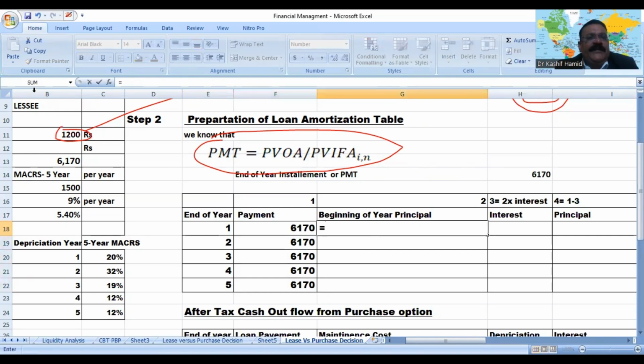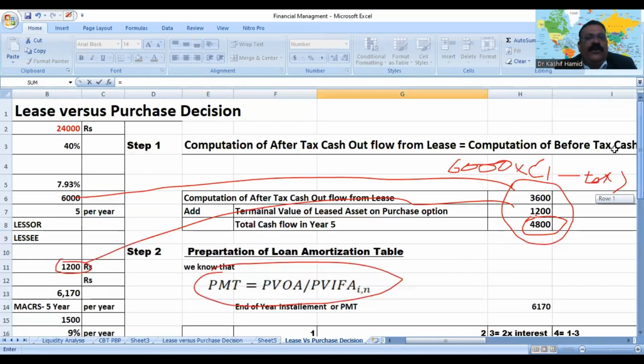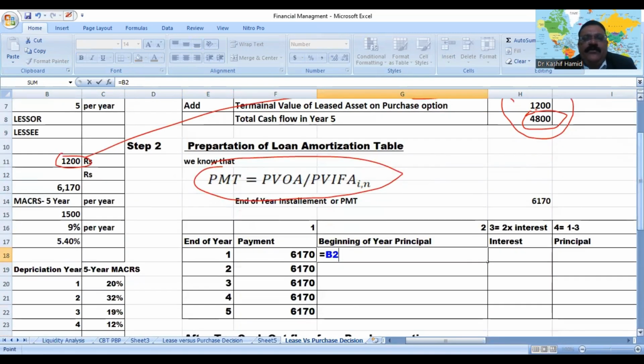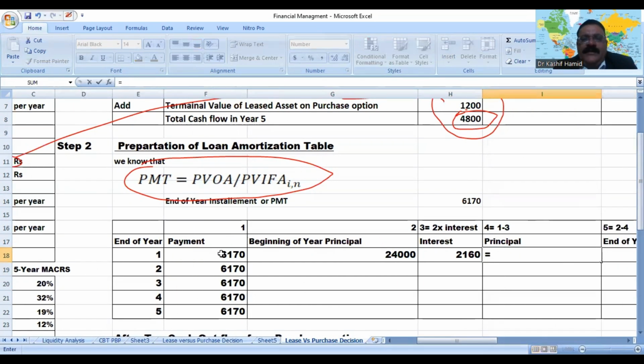Beginning of year principal is 24,000. The machine cost is here, that is B2, and interest is equal to 9%. 24,000 multiplied by 9%, that is 2160. Principal is equal to 6130 minus 401.